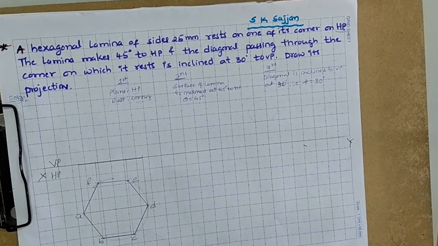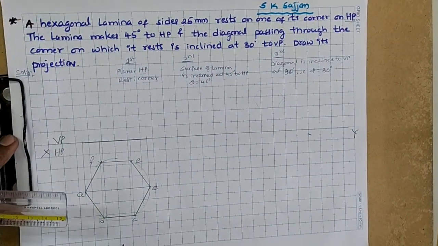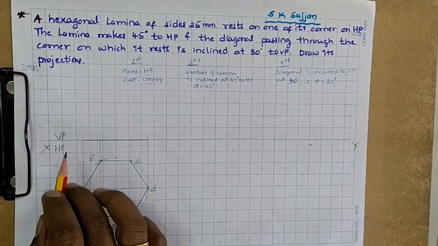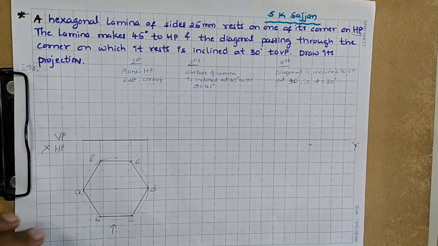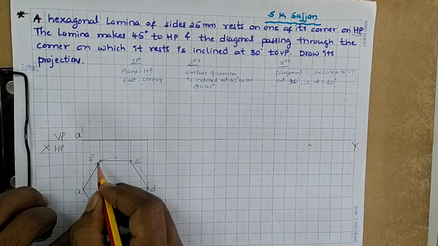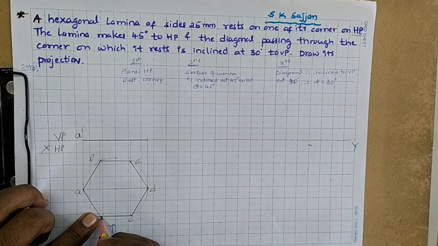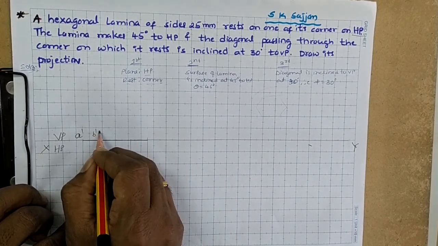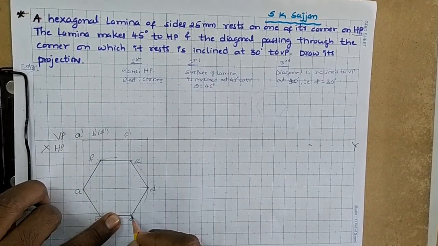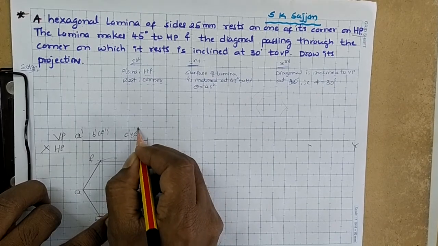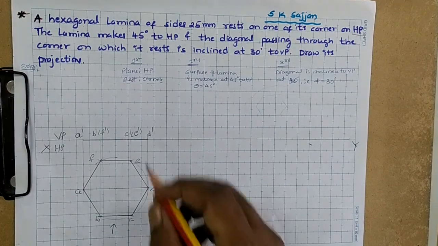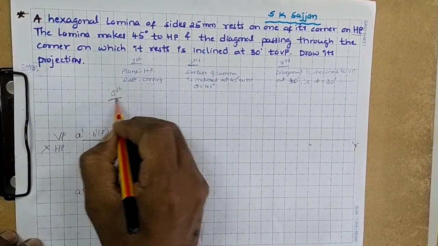By observing here, I will mark the points of the front view. A is visible, A dash. B is visible, F coincides with B, within bracket F dash, B dash bracket F dash. Then C is visible, E coincides with C, within bracket E dash, D dash we can directly see. This is the first portion. These two are the first set of views.